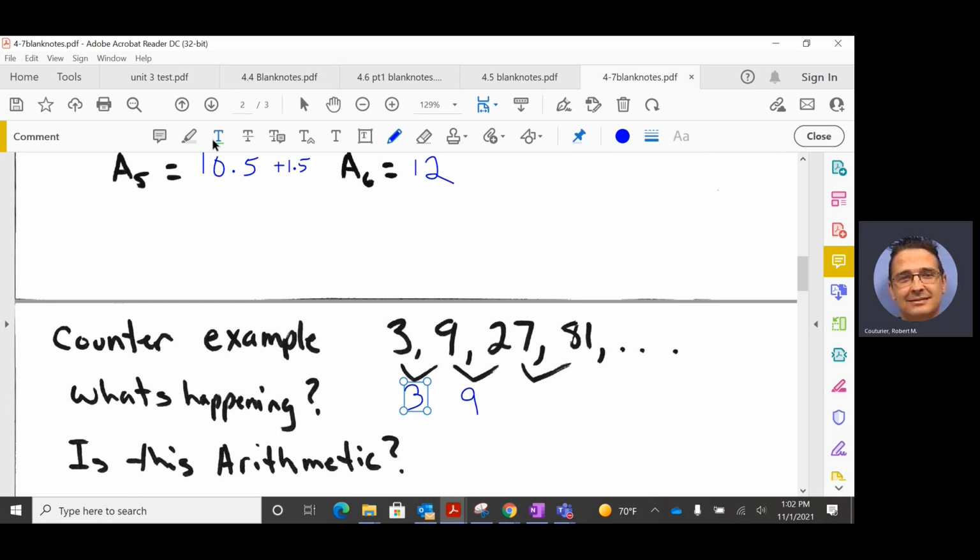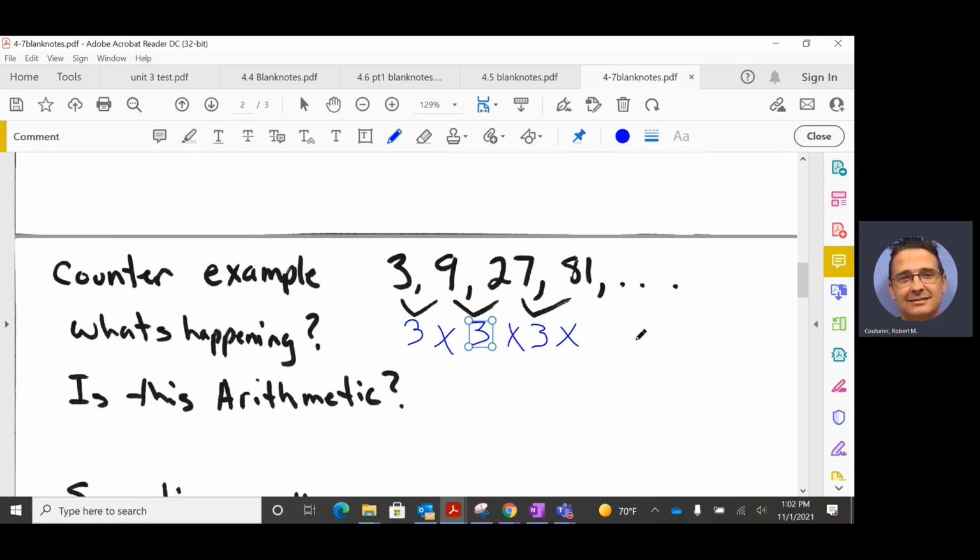Nope, I didn't. 27 divided by 9 is 3. And 81 divided by 27 is also 3. So this is being multiplied by 3 each time, over and over. This is what they call a common ratio. There's a ratio happening here, a common ratio.